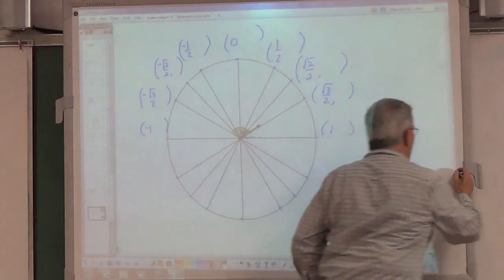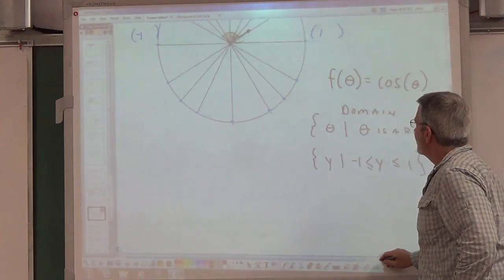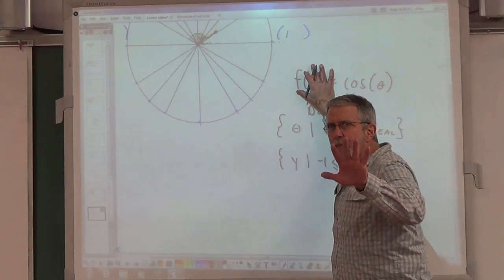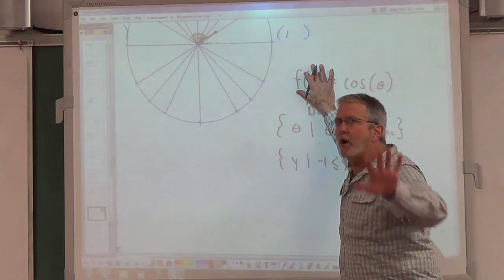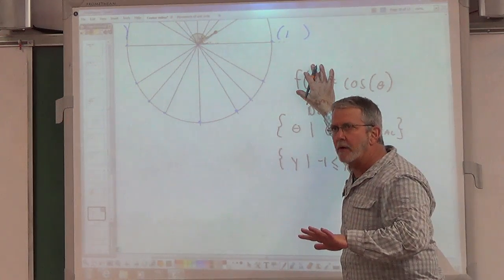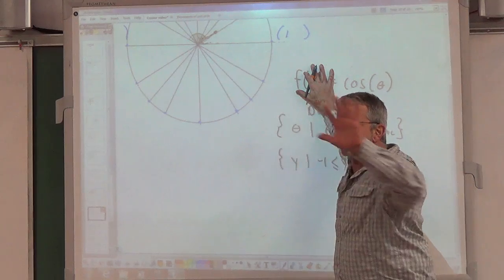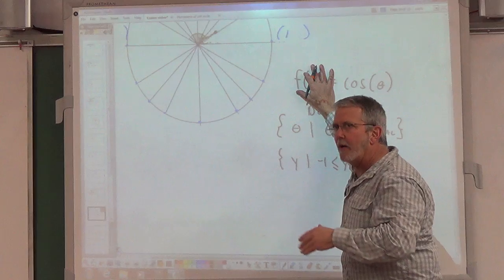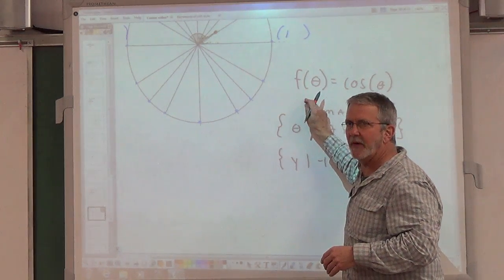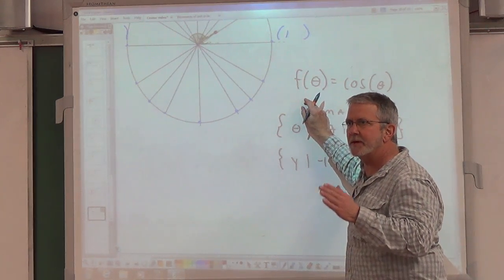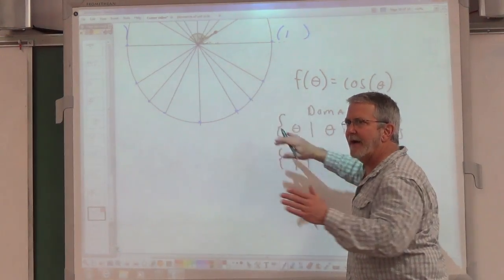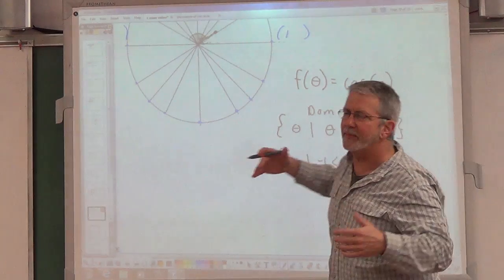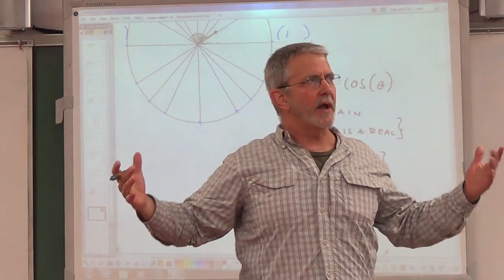But now here comes the part that people struggle with. If I'm going to graph this function, and this is the part that some students have a hard time wrapping their head around, the part that some teachers maybe gloss over or leave out, I'm going to graph it on another x, y coordinate axis. 95% of what we do is going to be on the x, y coordinate axis.